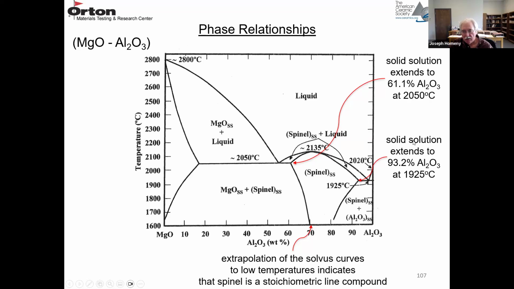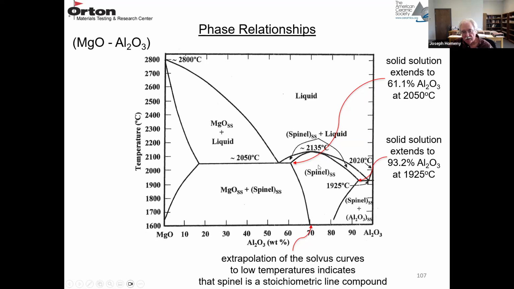At this point here, you have a solid solution that extends to about 93% alumina, and this is 1925 degrees C. And you can see as you decrease the temperature, this amount of solid solution is also decreasing. So a curve between two solids is a solvus curve.